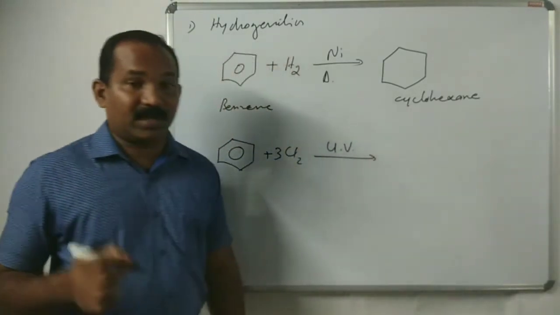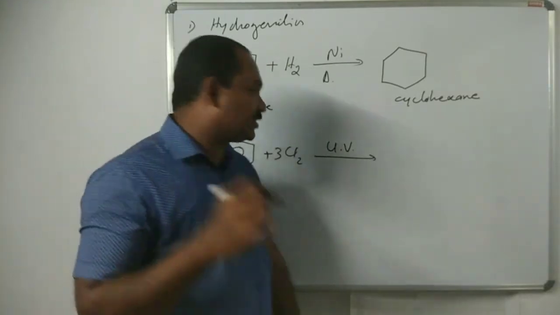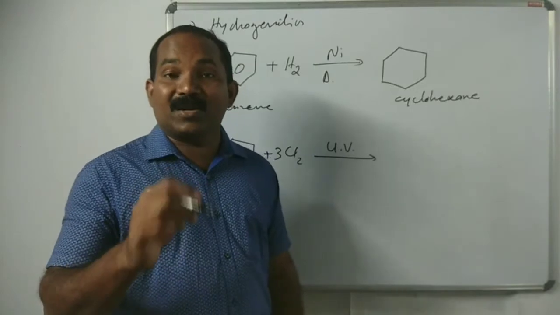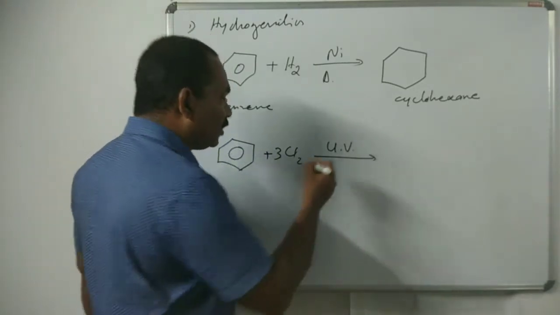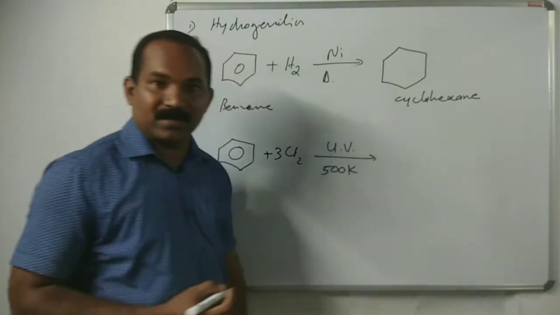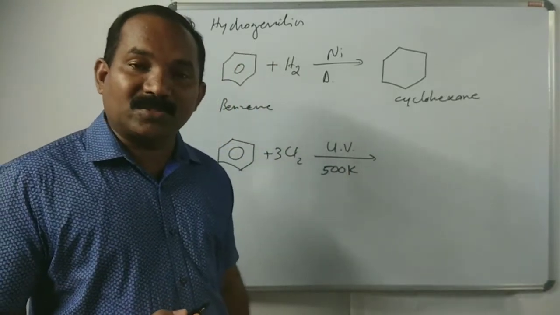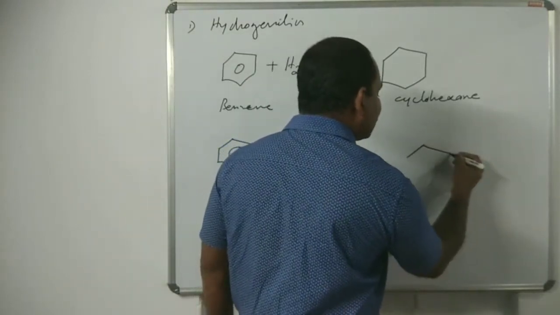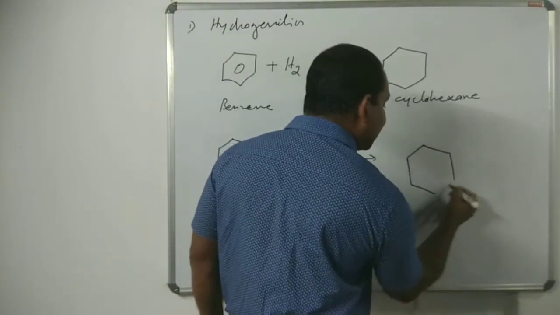That's very important. In the presence of AlCl3, we get hexachlorobenzene. Okay, and here the temperature is 500 Kelvin. Or in the presence of UV light or high temperature, we get benzene hexachloride.